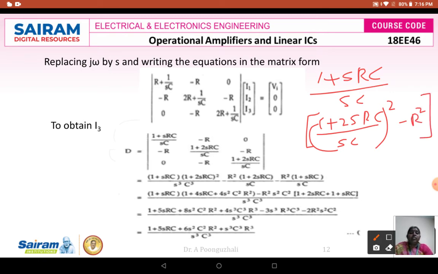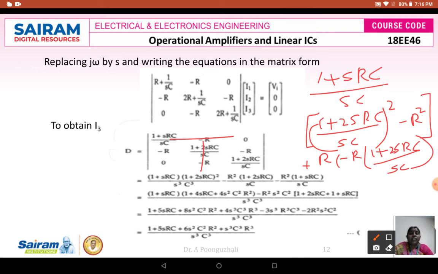So next term is going to be here minus R. So minus of minus is going to be R plus R into this term. If this goes here in this case, minus R into 1 plus 2SRC divided by SC, this term. So here minus 0. And next is 0, that is going to be not there.